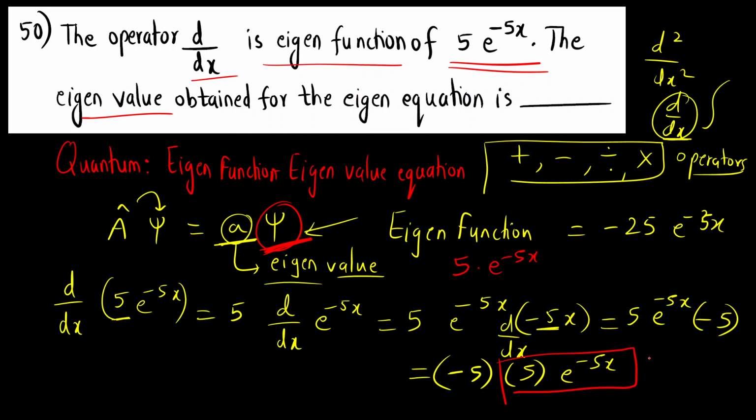This is the original wave function psi. So what is the value of the eigenvalue? The eigenvalue is minus 5. This is very, very important. If you write 5, then also your answer is gone. First add the minus sign and then 5. I hope you have understood the solutions. We will see the remaining solutions in the next video. Thank you so much.